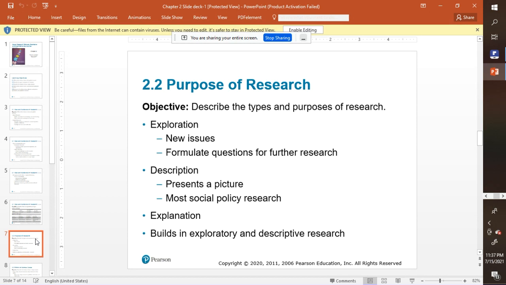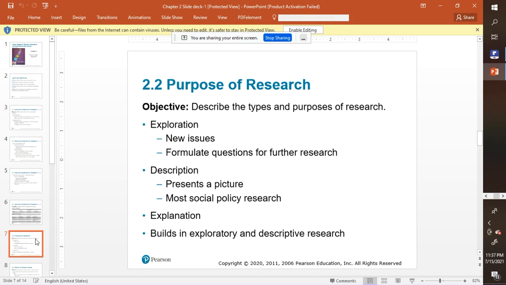Like for most social policy research, we give descriptive research for a better understanding of what is already existing. Then we have the explanation. The explanation looks for causes and reasons and also tries to look at the multiple strategies that can be adopted or used for it.